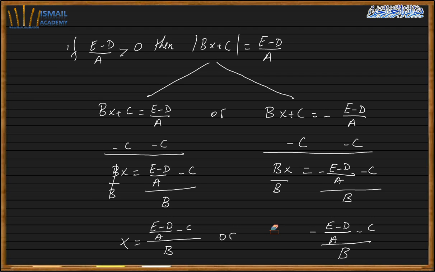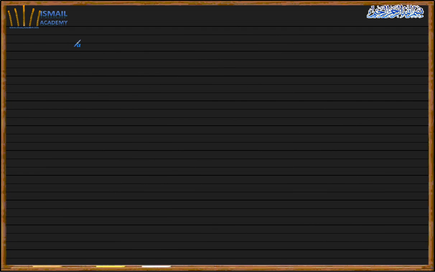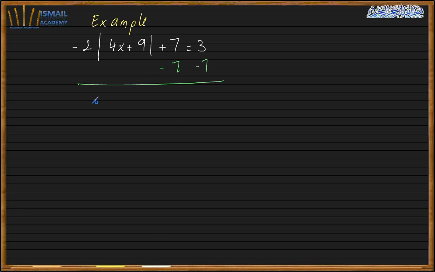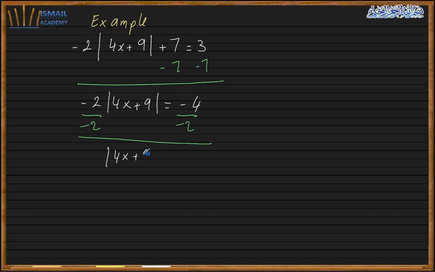So let me give you an example. Here, I minus 7 both sides. I get minus 2 times the absolute value of 4x plus 9 equals minus 4. Divide by minus 2. So I get the absolute value of 4x plus 9 equals 2. Minus divided by minus is positive.